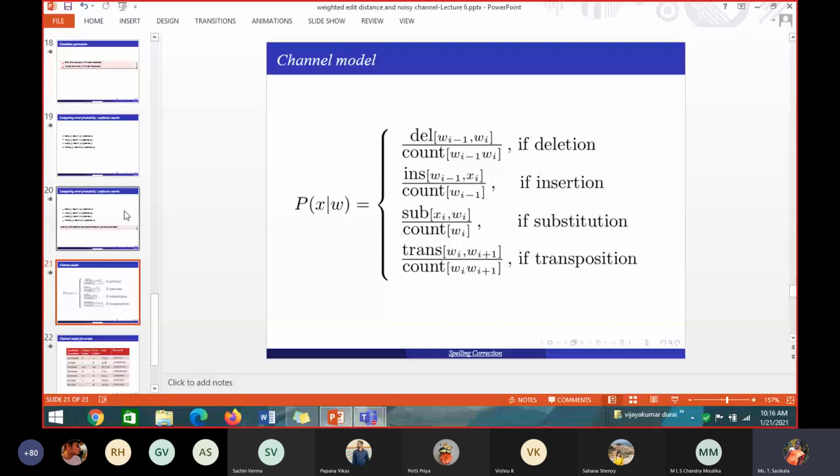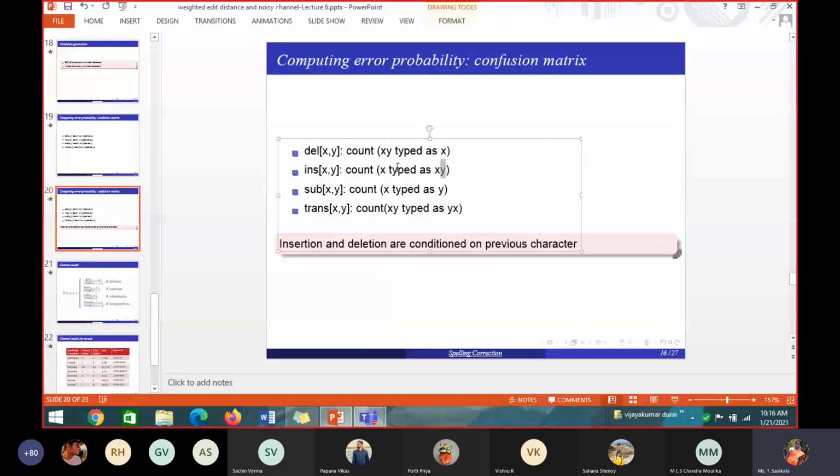So here I am inserting, right? Only X, counting how many times X alone is present in my corrected corpus. In that, how many times along with X there are some more characters inserted in my error corpus. That we call insertion.